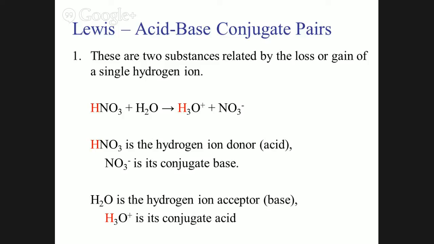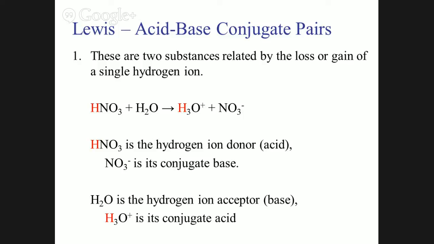and very often this will happen as well, the NO3 minus, the nitrate ion, in the opposite direction will receive the hydrogen ion to reform HNO3, so it is considered the conjugate base, because in the other direction it would receive the hydrogen ion, where the H3O plus is considered the conjugate acid, because in a reverse direction it would lose that extra hydrogen to reform water.